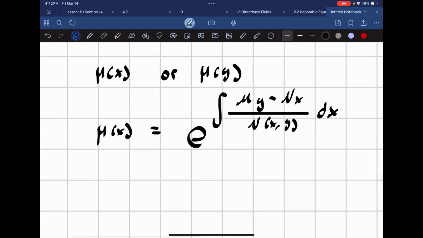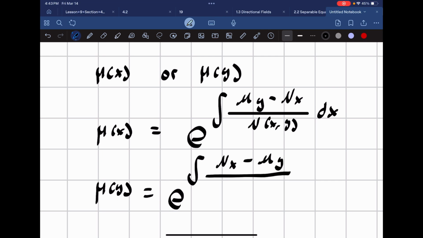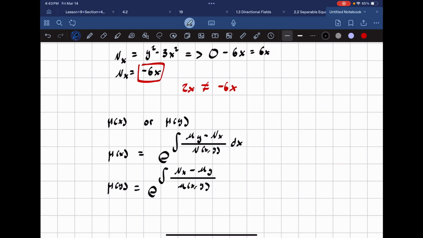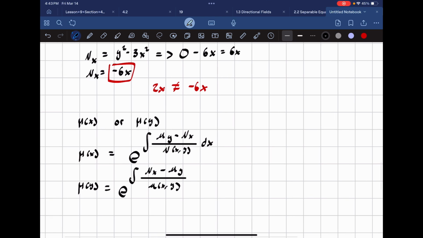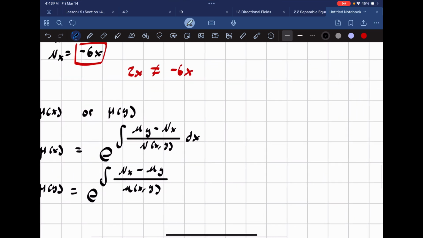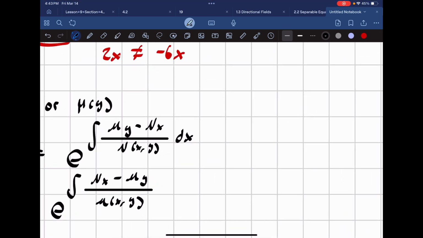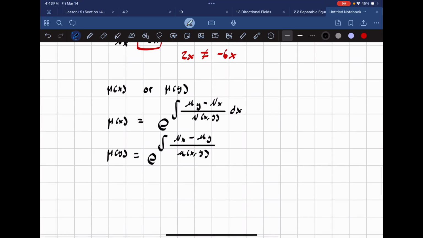And mu of y equals e to the integral of the opposite way now, (N_x minus M_y) all over M. So let's find each of these. Let's do x first, and hopefully that is the special integration. The point of the special integration is to find which variable it depends on, like only one variable depends on another.